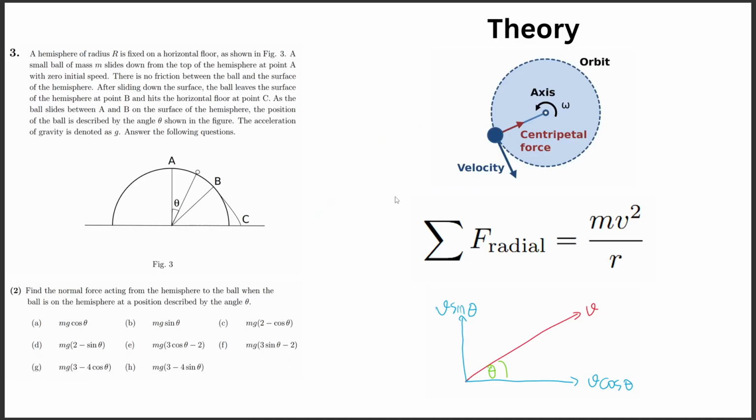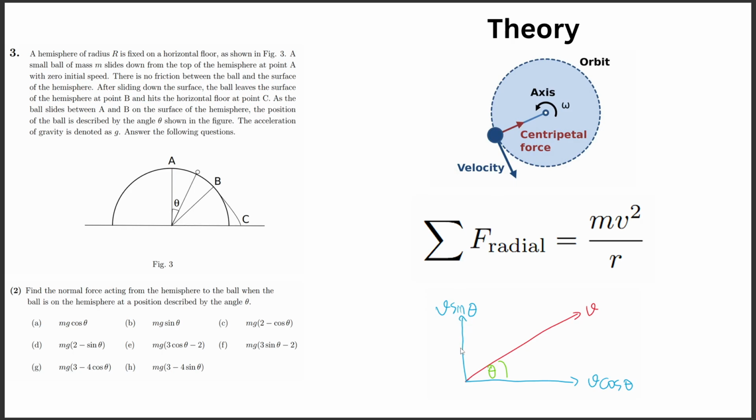So let's get back. The sum of F radial is equal to mv squared over r, and we take the forces that are towards the circle as positive.